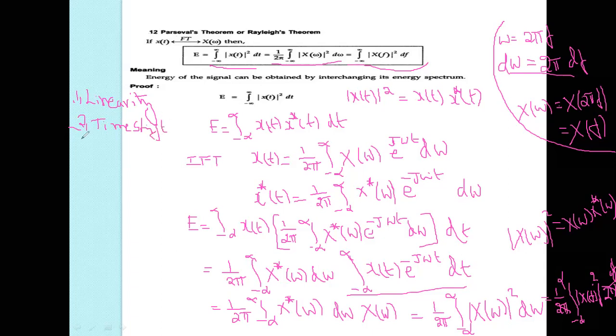And the third one is frequency shift property for the Fourier transformation also. And the fourth one is time scaling property. And the fifth one, frequency differentiation property.